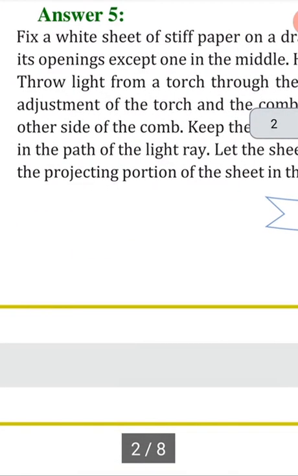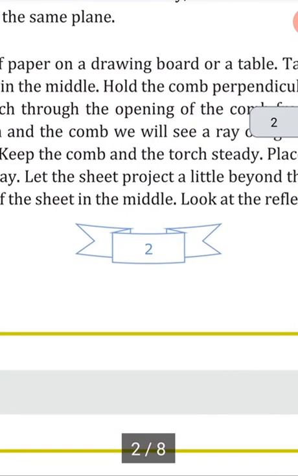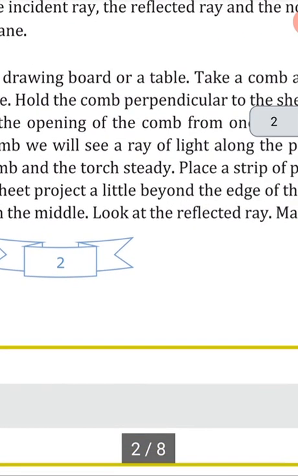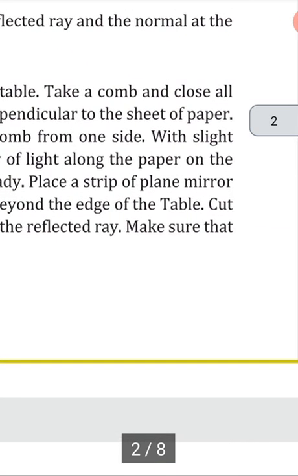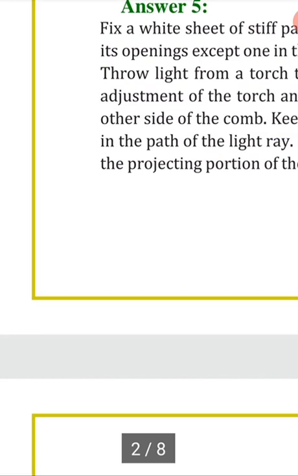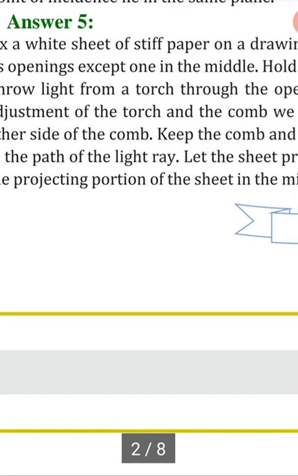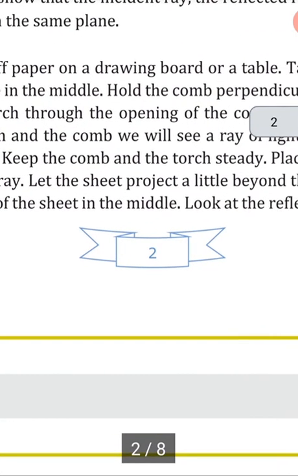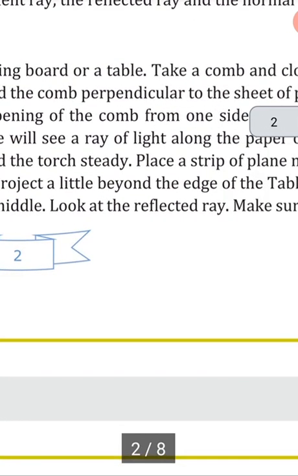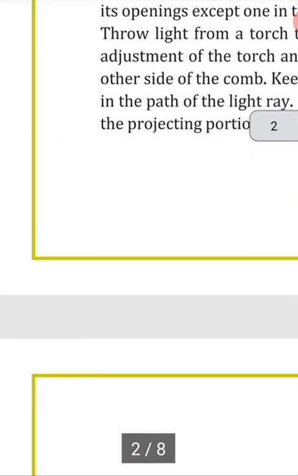On the other side of the comb, keep the comb and the torch steadily. Place a strip of plane mirror in the path of the light ray. Let the sheet project a little behind the edge of the table.